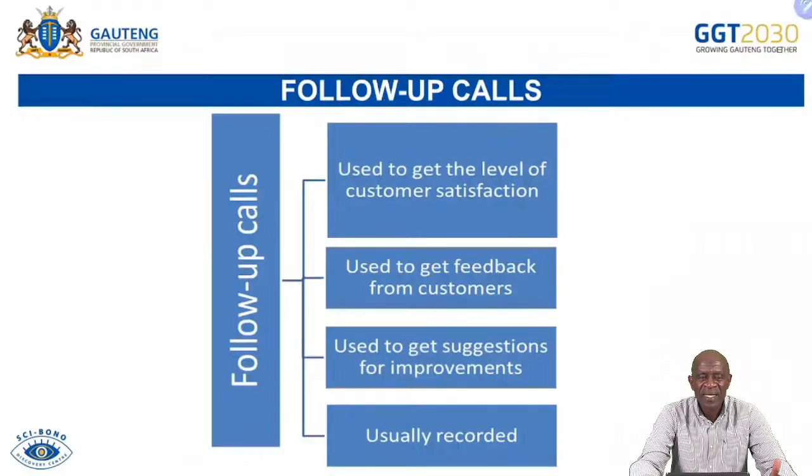Recorded suggests that it is verbal, and in order to track those responses, you need to replay the recorded version so that you implement whatever suggestions and inputs the customers give.